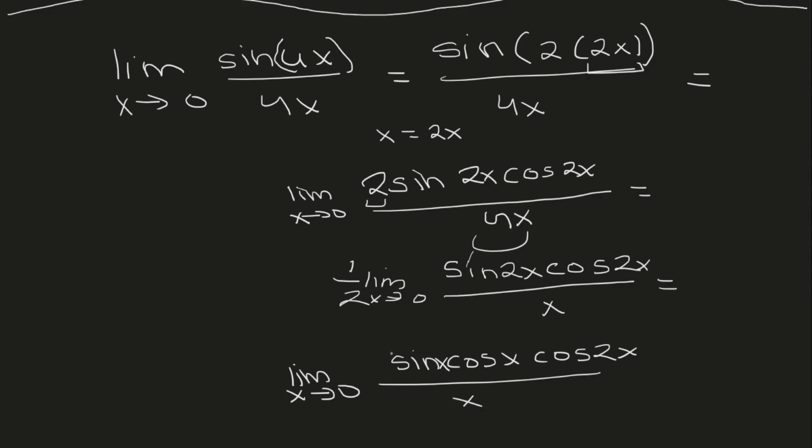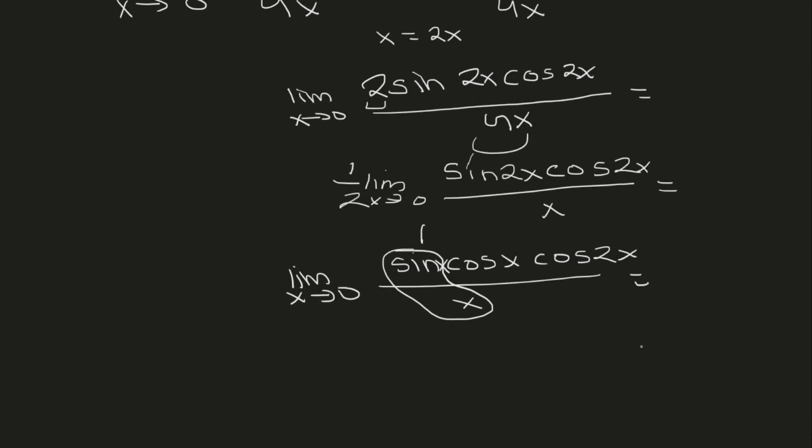And we have our identity right here. This will simplify to a 1, which leaves our final equation as the limit as x approaches 0 of 1, since we simplified that, times cosine x times cosine 2x.